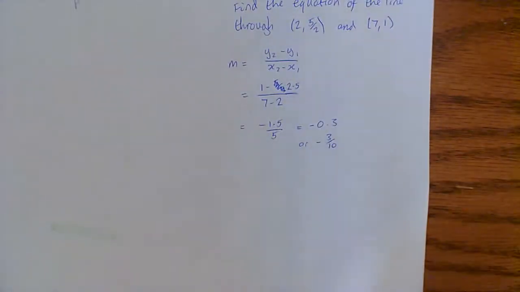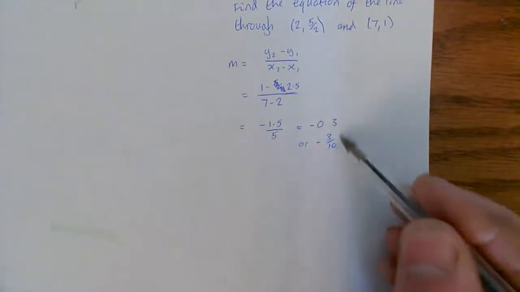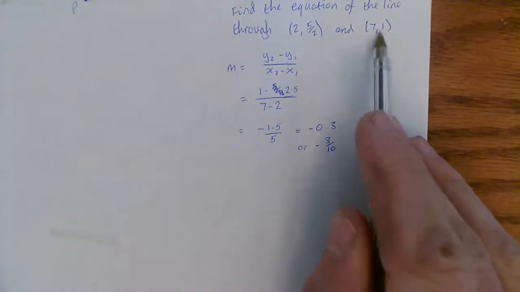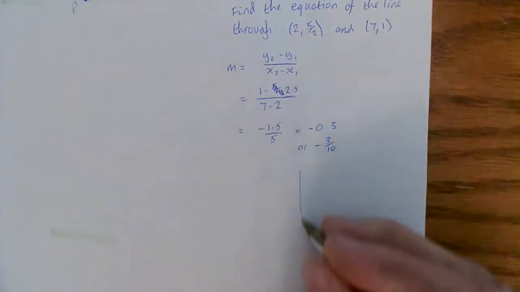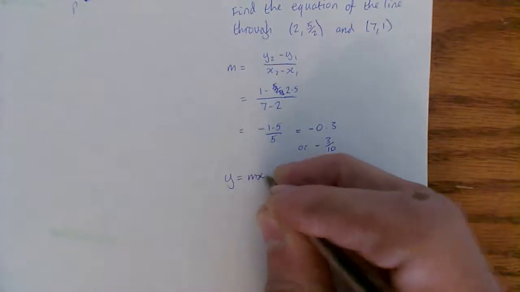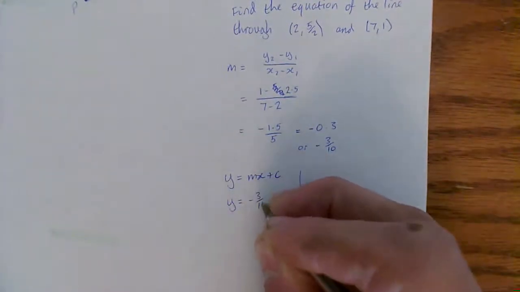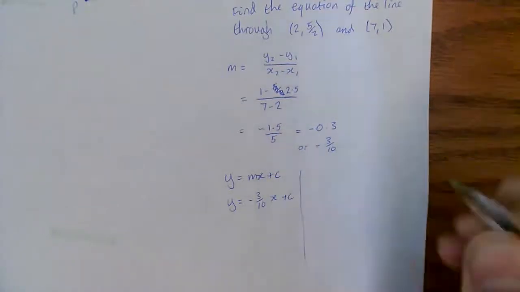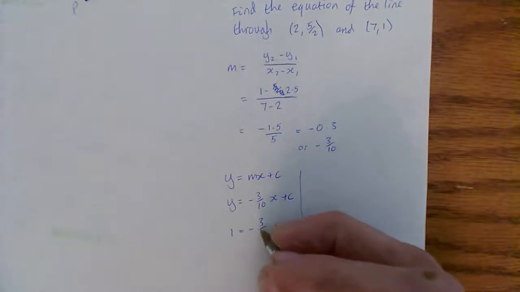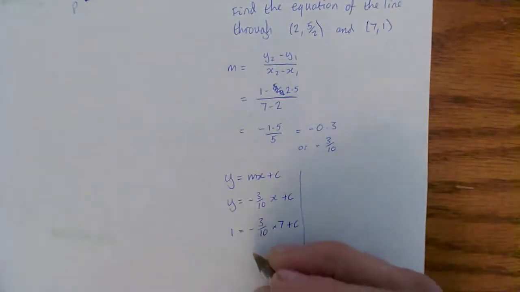So we now need to find the equation of our line. We've got our line with that gradient and passing through these points. Now this one looks easier to put in, so I'm going to use this one as we're going through. So we've got y equals mx plus c. So y equals -3 over 10 x plus c. Now we put our point in, so we get 1 equals -3 over 10 times 7 plus c.